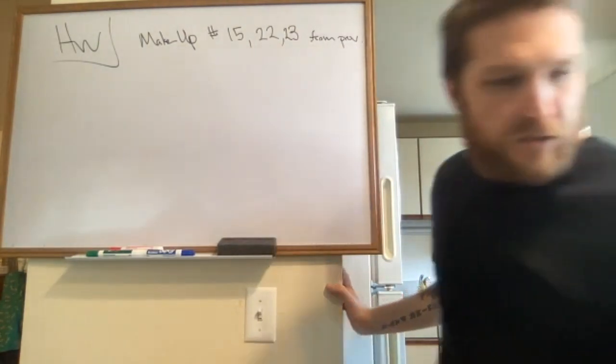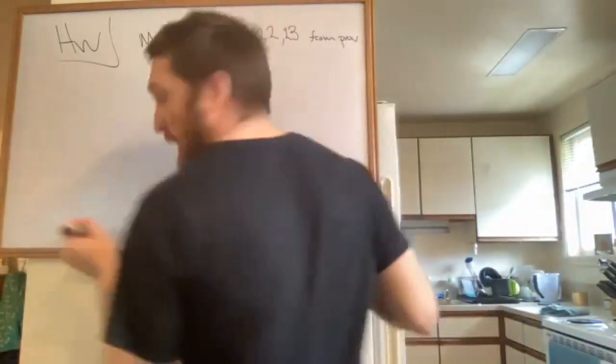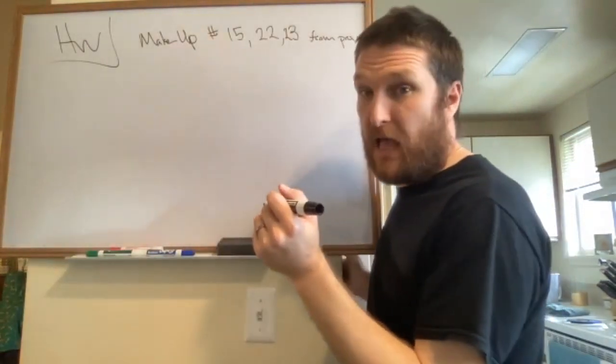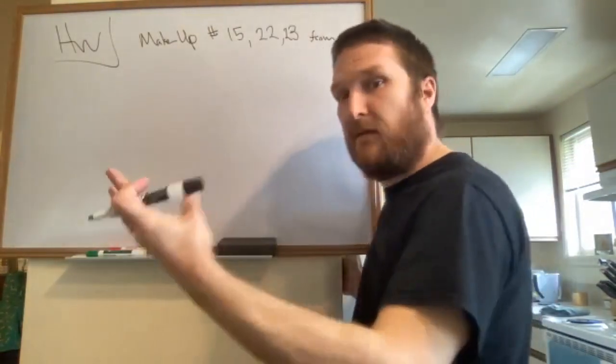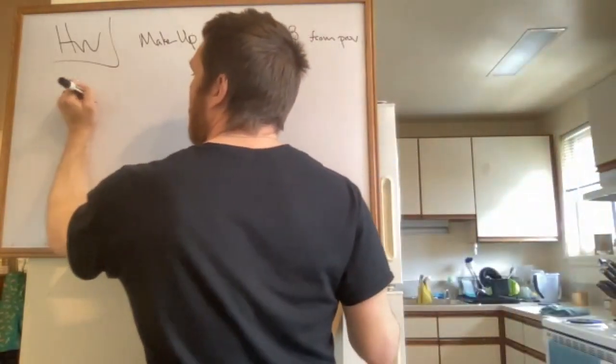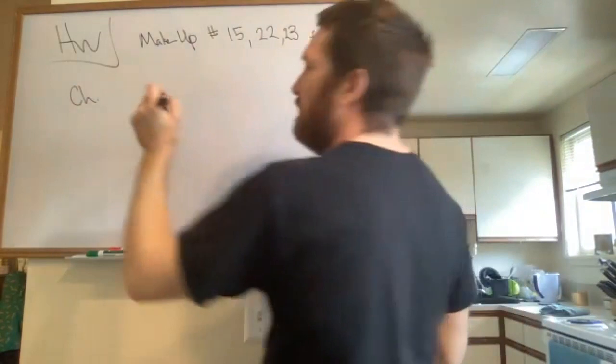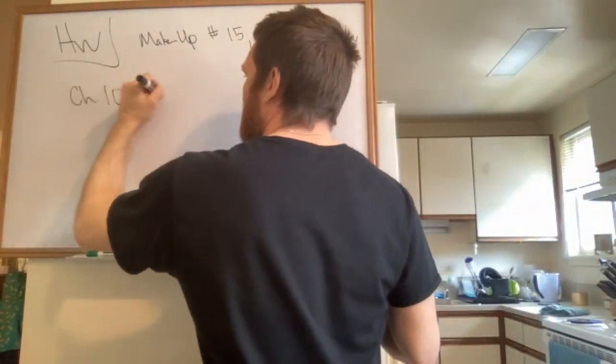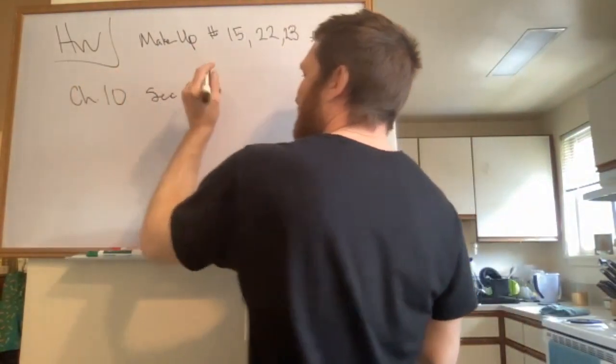Then we're just going to do 10-6. And these are, I'm telling you, some of them are so you just look at it and go, hyperbola, and that's it. And so it's not very many either. So chapter 10, section 6.